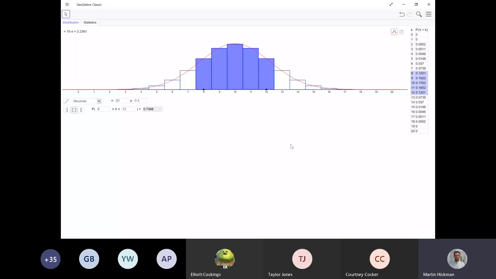The reason why we're doing this is that it used to be that you couldn't just do it on your calculators, so it's something that's kind of remained in the spec from older times. But also sometimes if you're programming something, it's useful to be able to approximate it with the normal instead. For example, when I teach core maths, we learn about normal distribution, but we don't learn about binomial distribution.